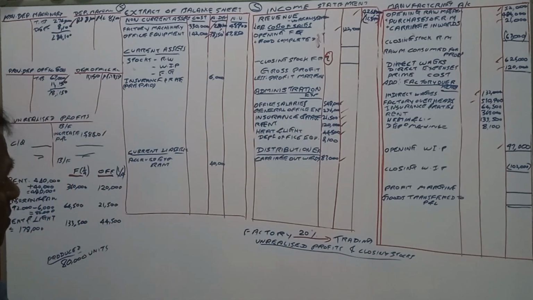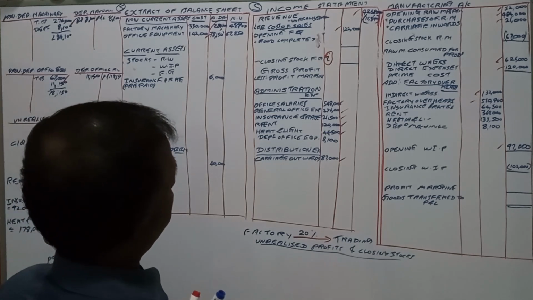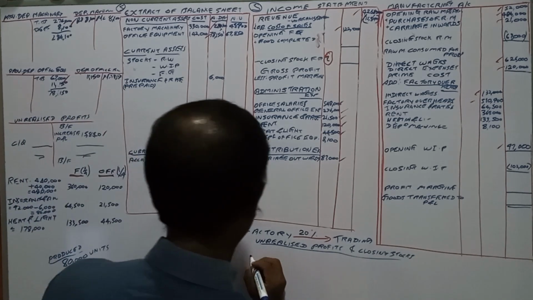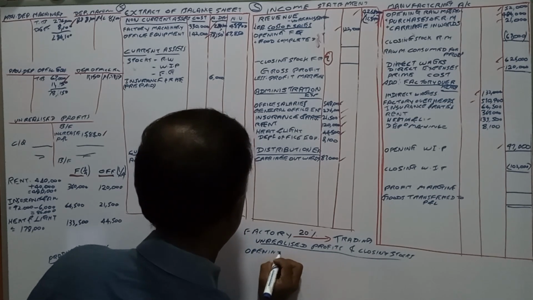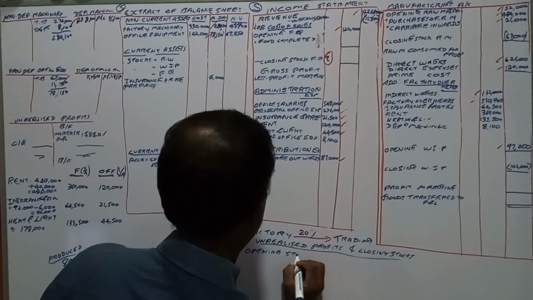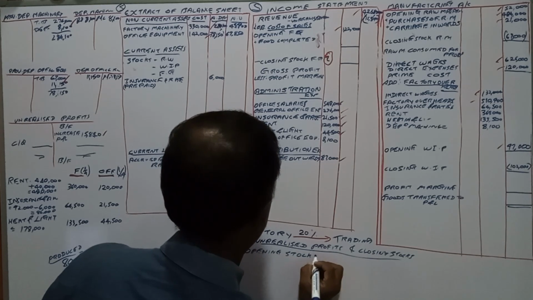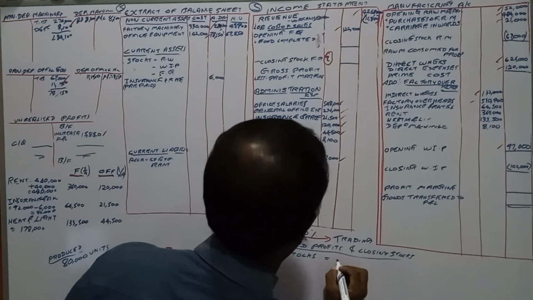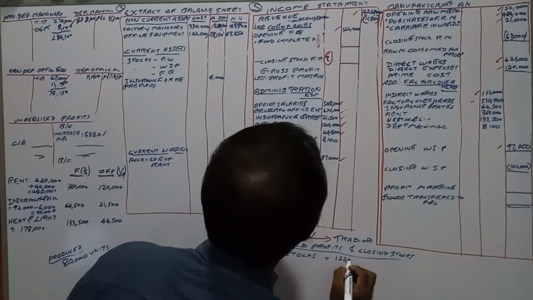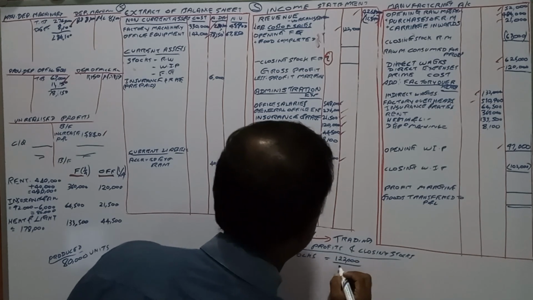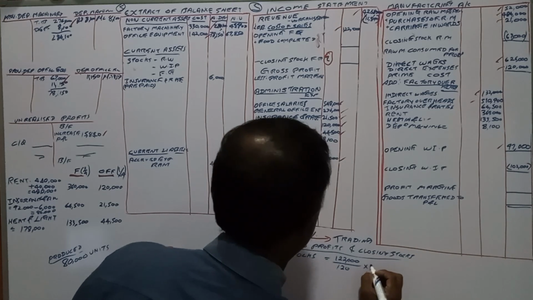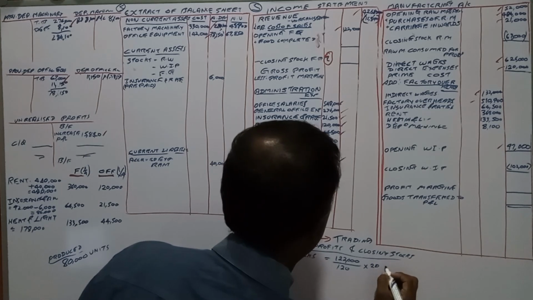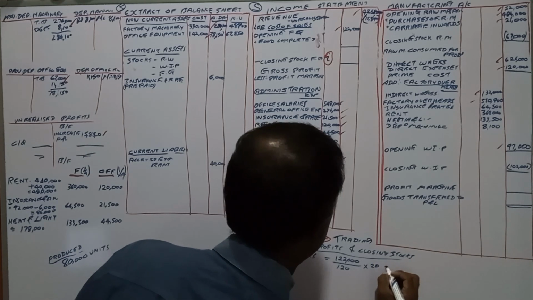Here, opening stock they have given 122,000. That means it is 120%, into 20% is the opening unrealized profit.